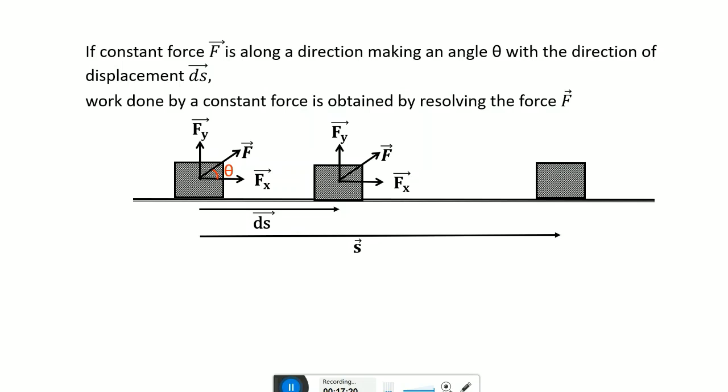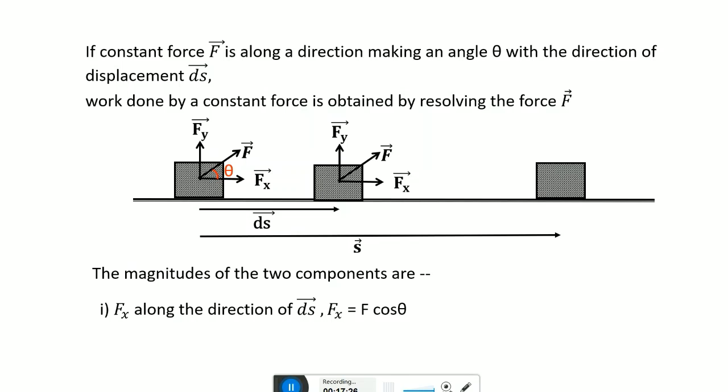So by resolving force F, the magnitudes of the two components are Fx, which is along the direction of ds, means along x-axis, Fx is equal to F cos theta, and the second one is Fy, along the direction perpendicular to ds, means along y-axis, Fy is equal to F sin theta.